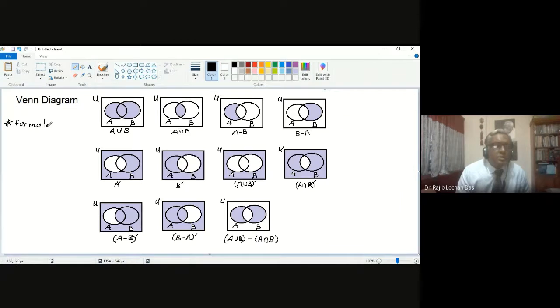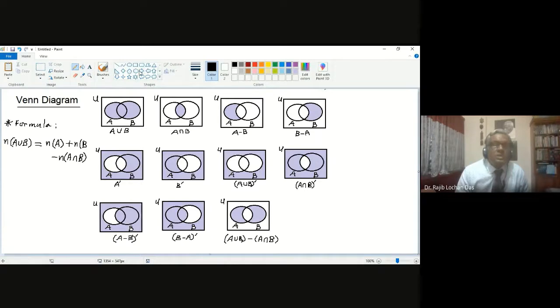In this situation, the formula is: number of elements in A union B. Number of elements is written like n, and this is equal to n(A), the number of elements in A, plus number of elements in B, and then minus number of elements in A intersection B. So this is a formula.